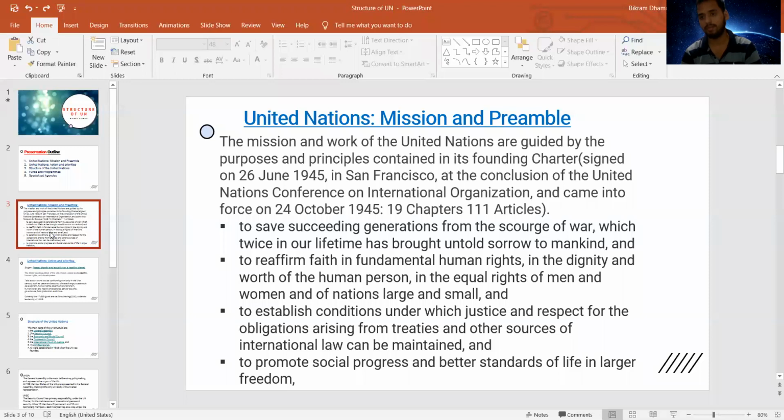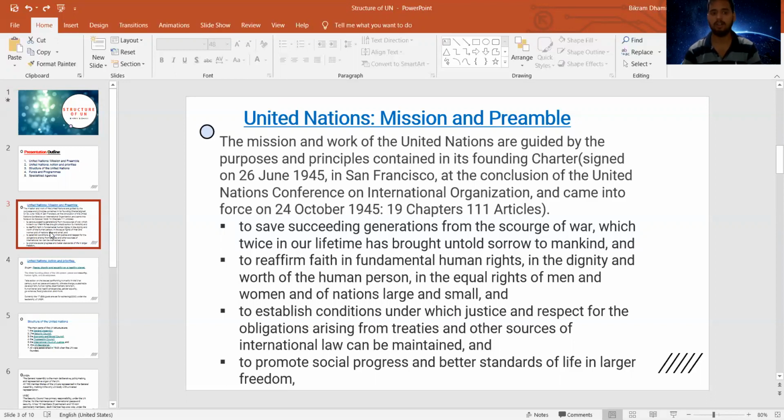First, there were only 55 nations to initiate this organization for preventing world war and to maintain security and peace around the globe. So the main missions of the United Nations are according to the purposes and principles contained in the founding charter, signed on 26 June 1945 in San Francisco with around 55 nations.